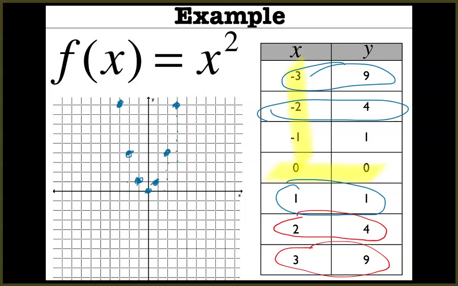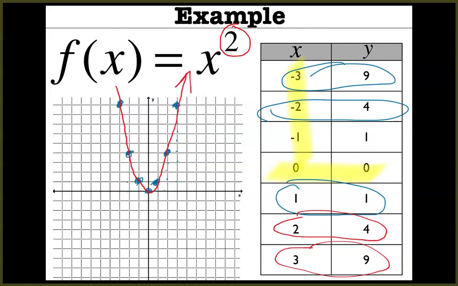And the key to nonlinear graphs is when it's an x squared, it's going to have a curved shape. We're not going to make rigid straight lines here, and then straight lines here, and then straight lines here. Okay, we're going to try to make a nice curve that kind of curves through these points.